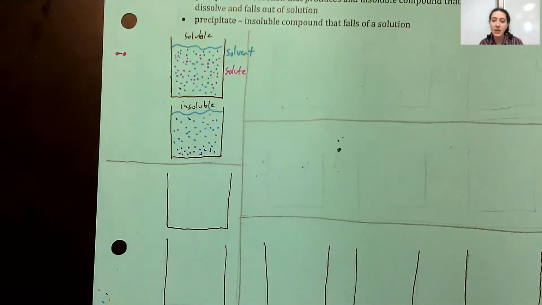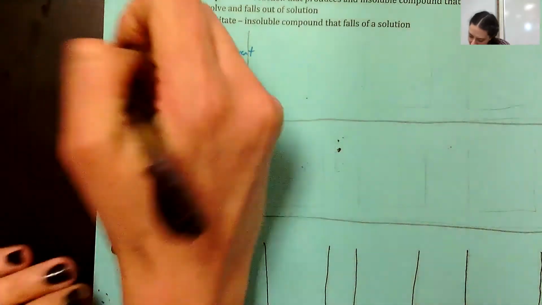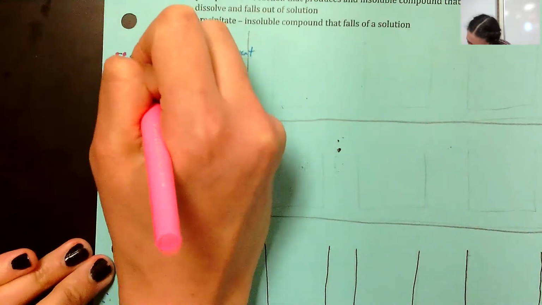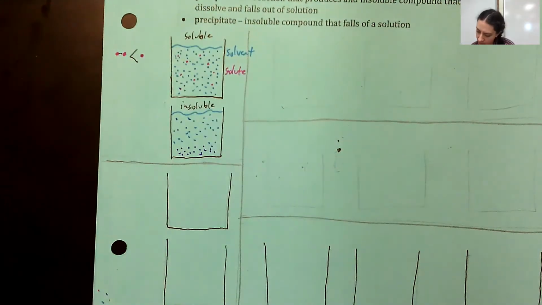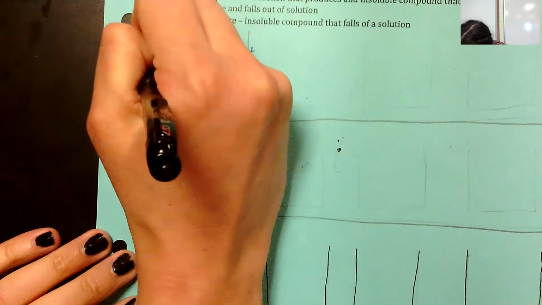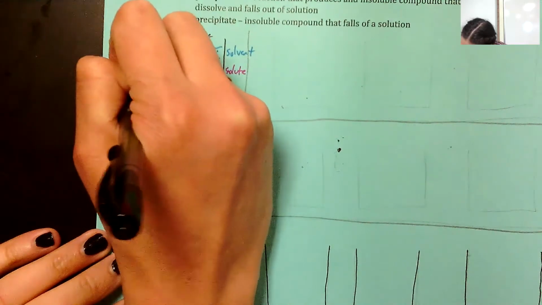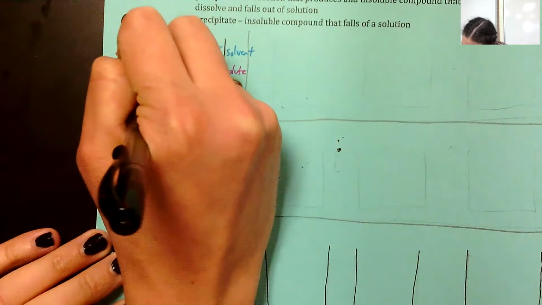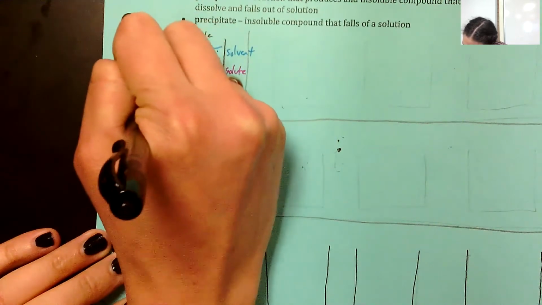If those interactions are less than the interaction of the solute with the solvent, in this case water, then it's going to be soluble. So that's the electrostatic attraction, the IMFs.